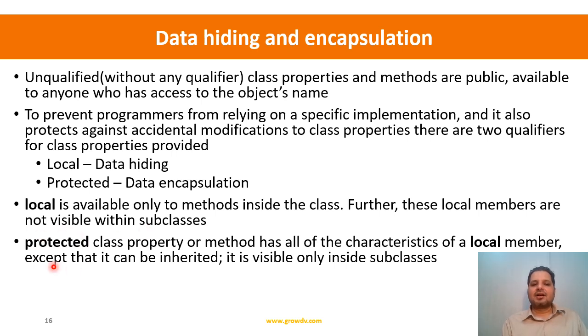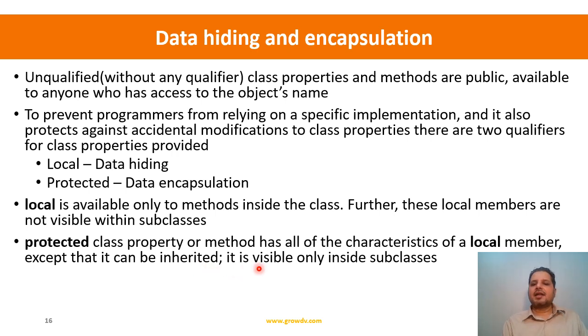And there is another qualifier called protected. When you use protected, this concept is also called data encapsulation. The protected class property or method has all the characteristics of a local member, except that it can be inherited.